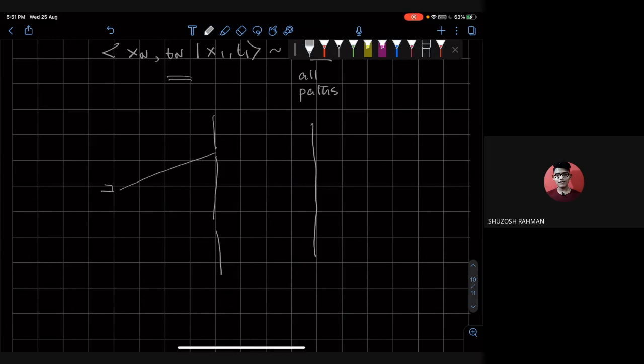So if you calculate the amplitude of the particle going in this direction, then you add to it, and so that's path number 1, and this is path number 2.